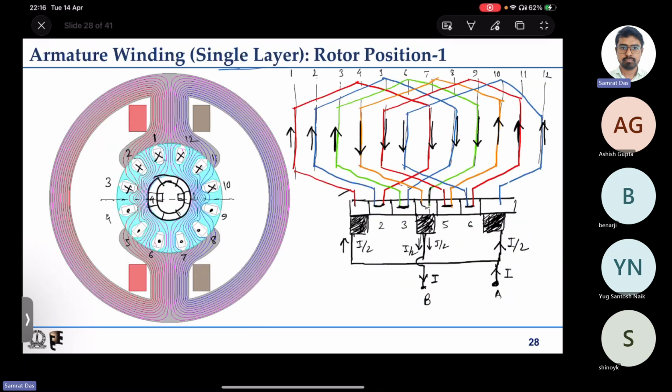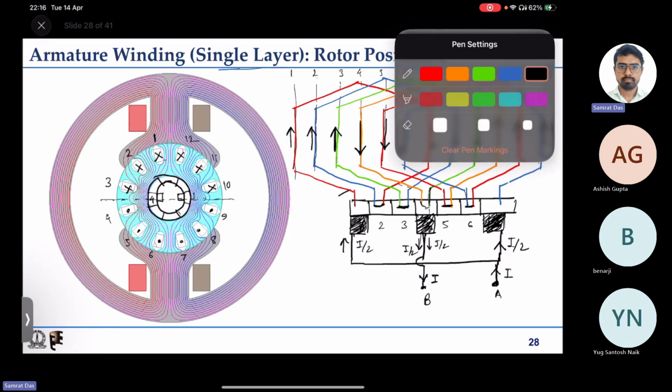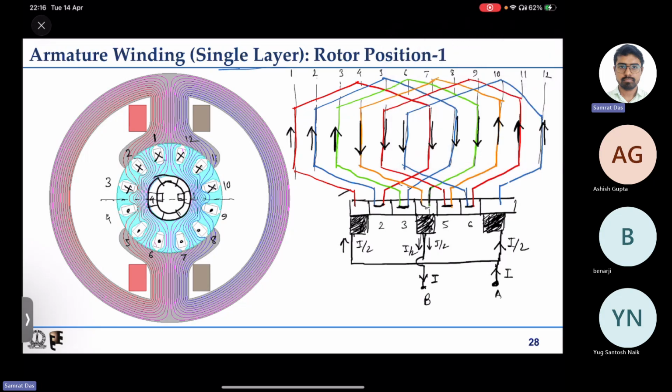So if I put the polarities here, let me use green. So coil 1, say this is positive voltage between these two terminals. So this terminal to this terminal, it is having some positive voltage. The blue one is coil 2, that is also having some positive voltage. So this to this is again some positive voltage.